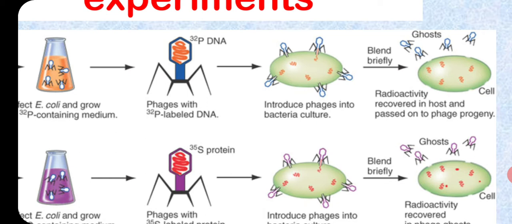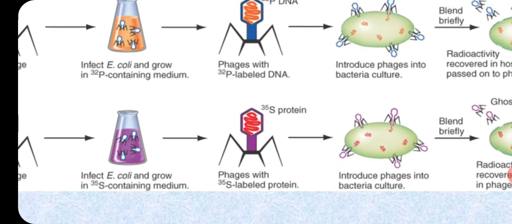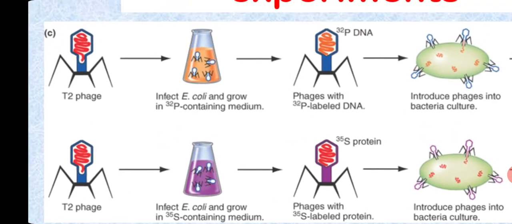This is proof that DNA is the genetic material, because 32 labeled phosphorus was added in the media. The phage infects the bacteria and takes up the 32 phosphorus in its genetic material, and when the phage attaches to the next bacteria, it transfers that radio-labeled genetic material, which keeps on multiplying and reaches the next generation.